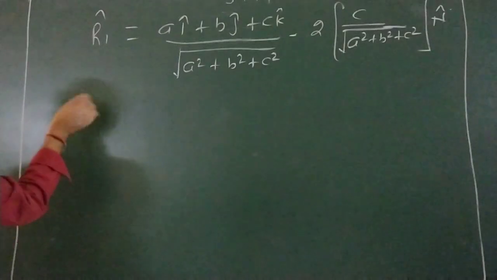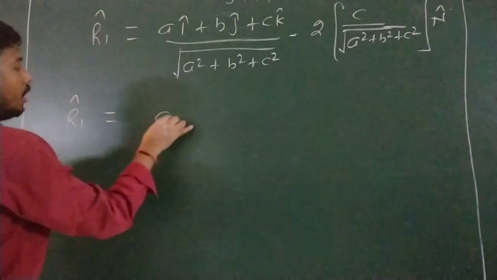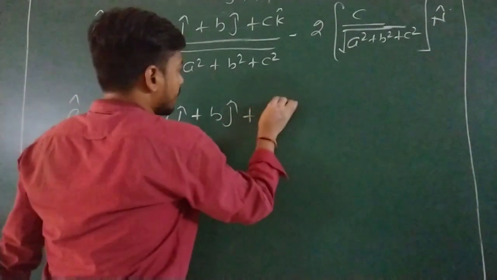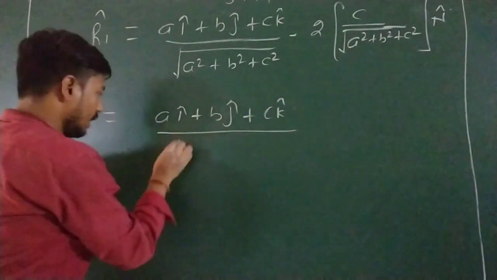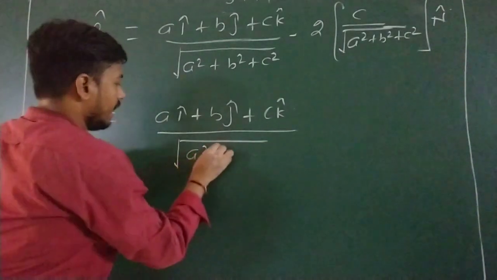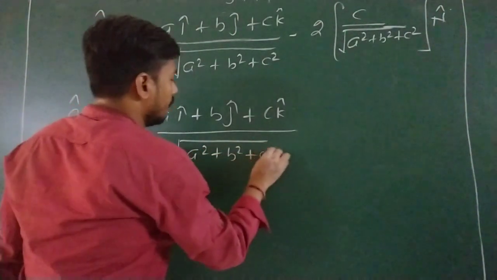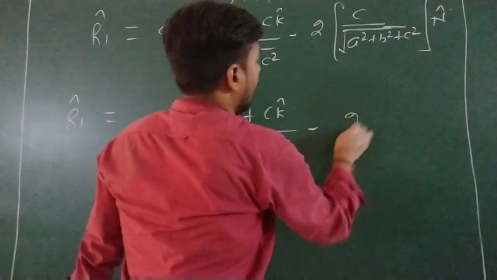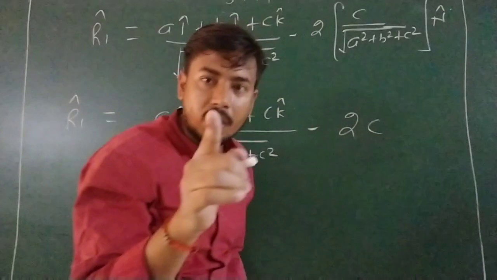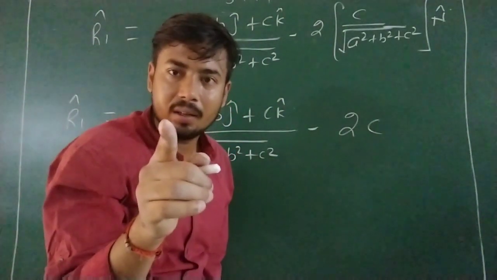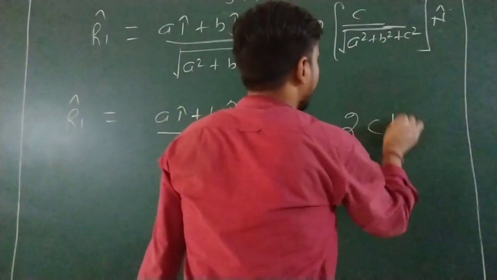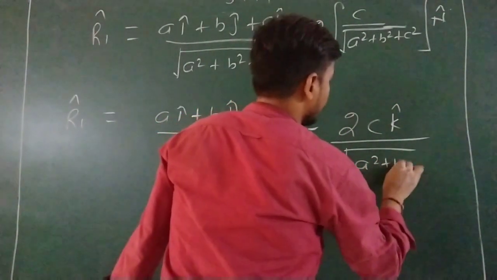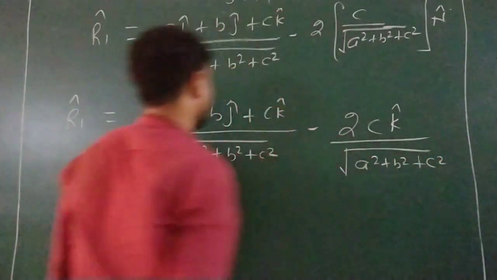So R1 vector, it means first reflection, becomes A i cap plus B j cap plus C k cap divided by root of A square plus B square plus C square, minus 2C, and n cap is what? k cap, yeah, k cap, divided by root of A square plus B square plus C square.